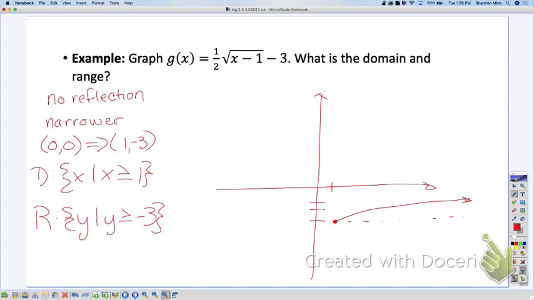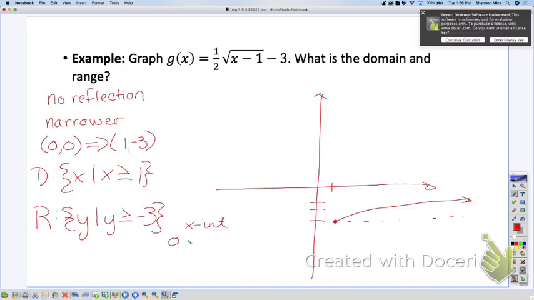Now, the other one we did the x-intercept, correct? What is this one eventually going to hit? We're eventually gonna hit the x-axis, so how do you find an x-intercept? Set y equal to 0. So that'd be 0 equals 1/2 the square root of x minus 1 minus 3.